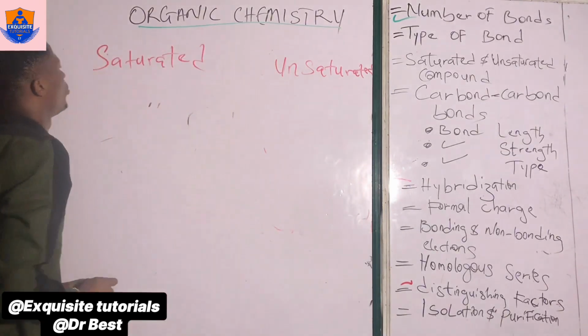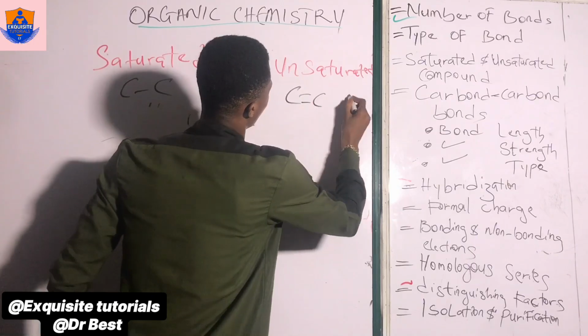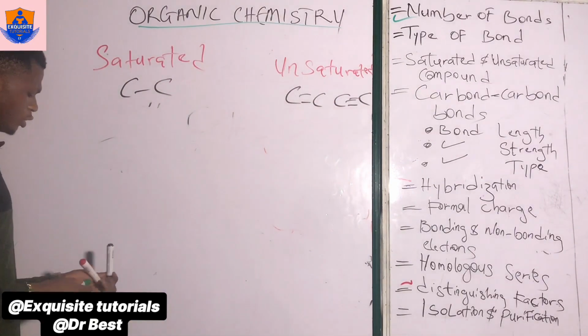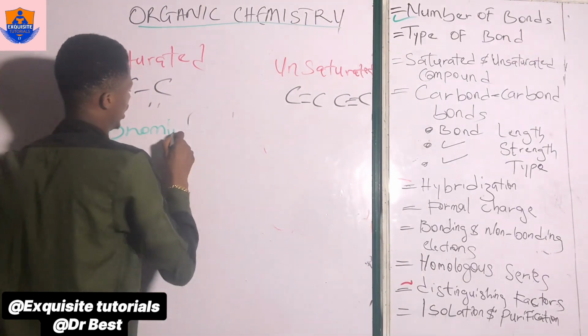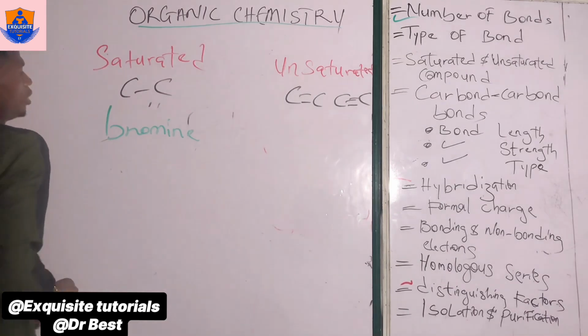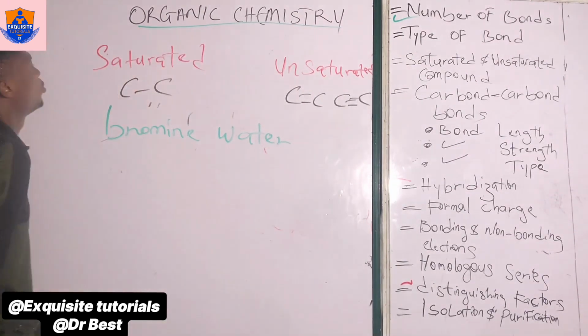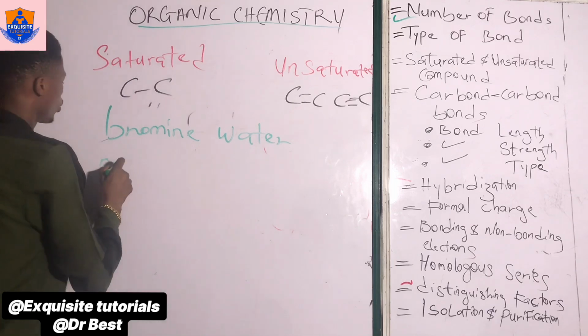Remember, saturated compounds have single bonds, unsaturated ones have double or triple bonds. The distinguishing factor between these compounds is the use of bromine water. When you pass a saturated compound through bromine water, there's no color change.